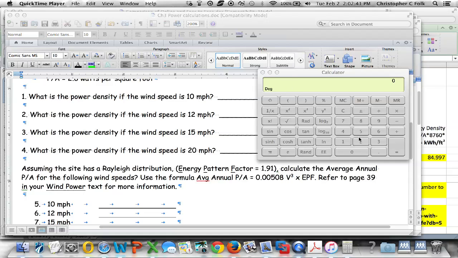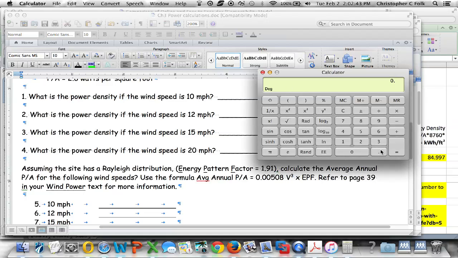So this is the calculator on my MacBook Pro. 0.00508. This is the function key I used here. Your calculator might be different. So I have to multiply this first times the 10 miles an hour, which is raised, there's the caret that raises it, to the third power.